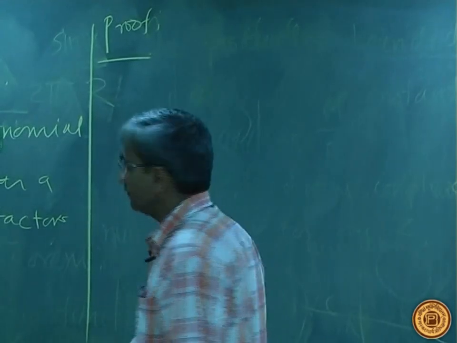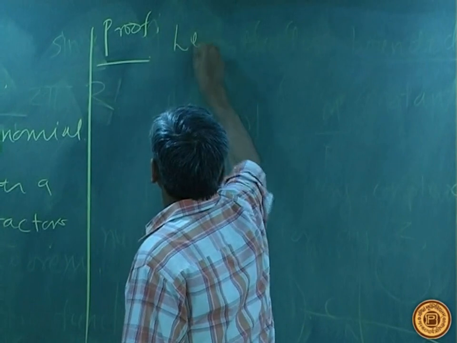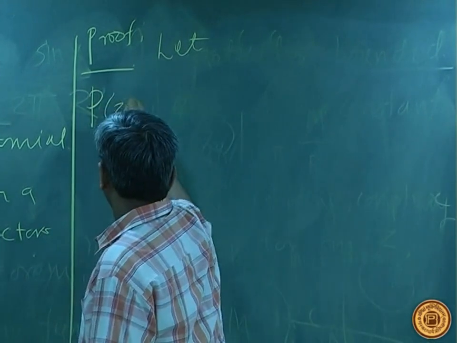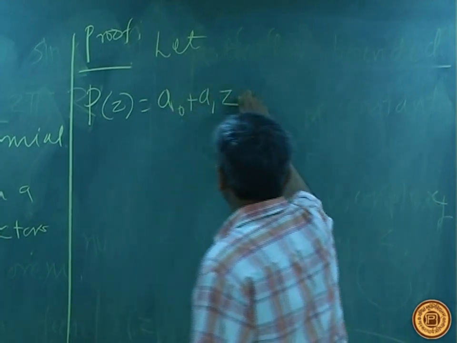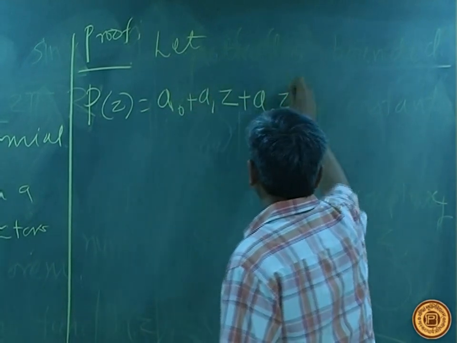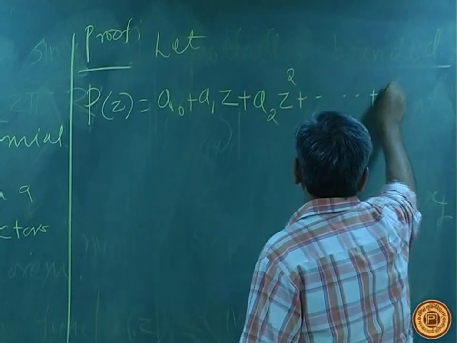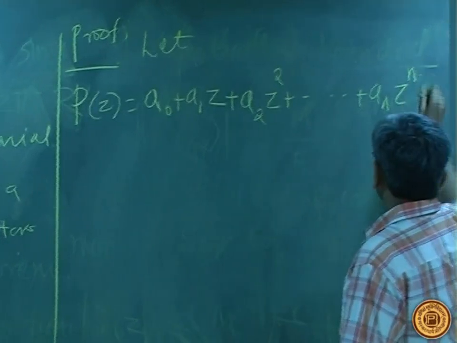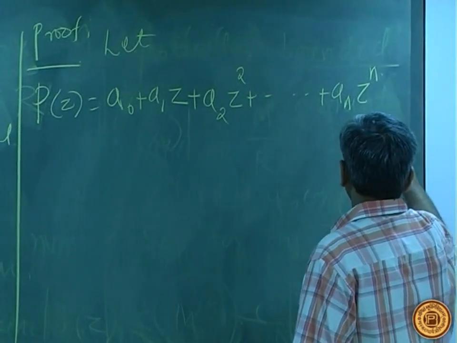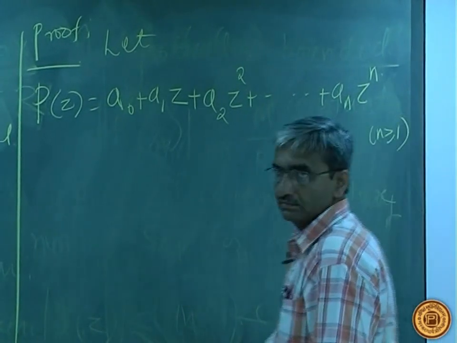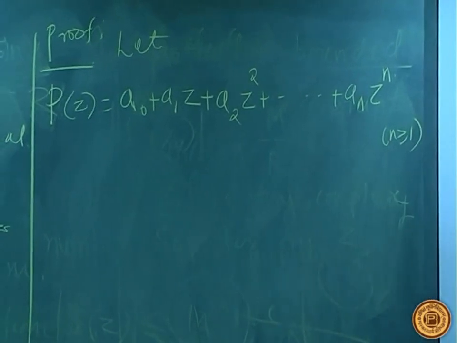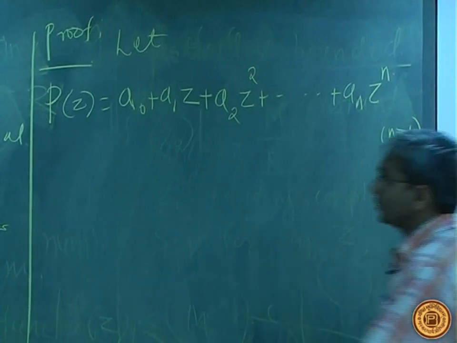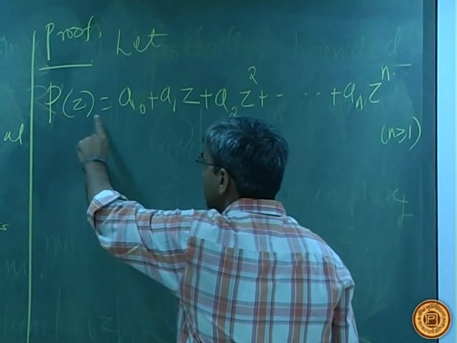Okay. So consider the polynomial. Let P(z) be equal to a0 plus a1 z plus a2 z square plus up to an z power n, of course n bigger than or equal to 1, and we want to show that there is z0 such that P(z0) is 0.